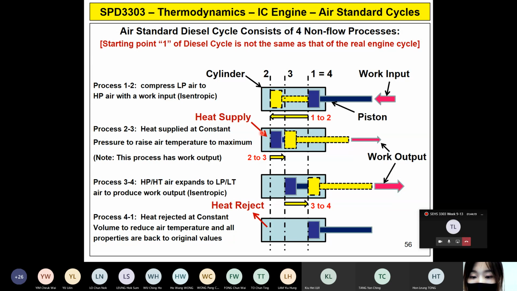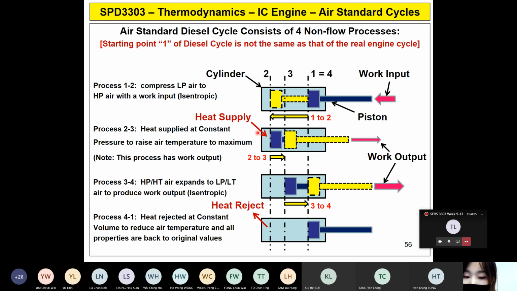For the air-standard Otto cycle, we give the heat at a constant volume. But here, we give the heat at a constant pressure. That means here you have movement of your piston. Your piston moves downward. You have a work output, right? Because you have displacement. That means you have a work output. You have boundary work.